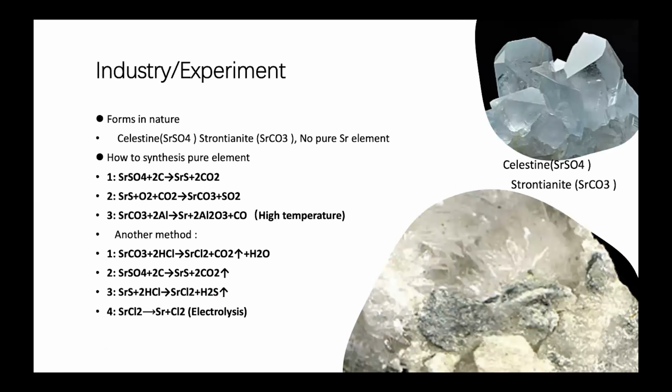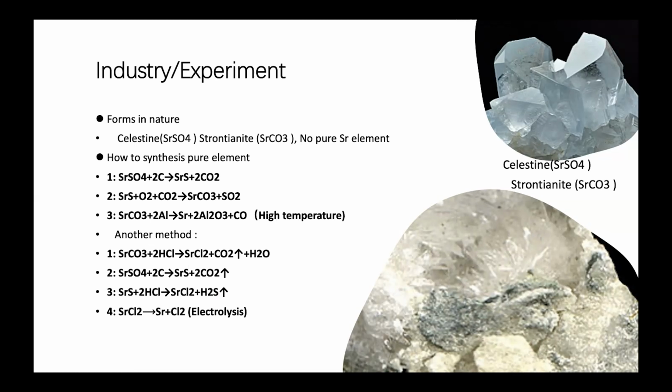And there's no pure strontium element in nature. There are two different types of mineral ore in nature called celestine and strontianite. The celestine is strontium sulfate, and strontianite is strontium carbonate. And in our industry, there are two different ways to synthesize pure strontium.